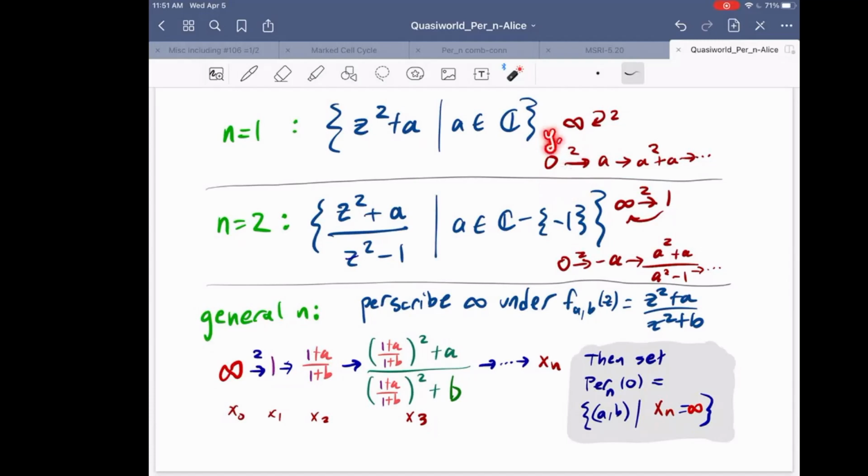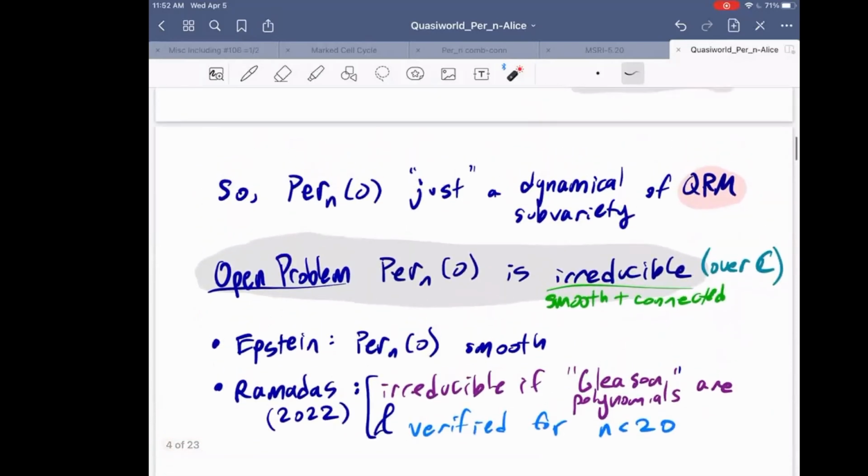So if I were to look at y0, y1, y2, all the way up to yn, the nth Gleason polynomial is any a such that yn is equal to 0 as well. So that defines the Gleason polynomials, and those ones don't have any of these singularities to resolve, and it's much easier to compute. And that's what I believe some computations in Magma were done at Oklahoma State or University of Oklahoma. And that's how they were able to verify Per n is connected up to n equals 19.